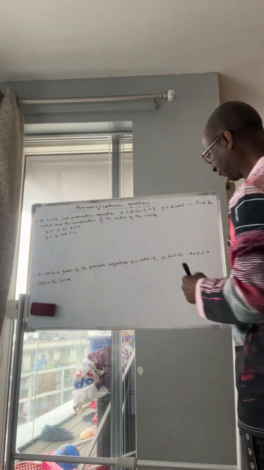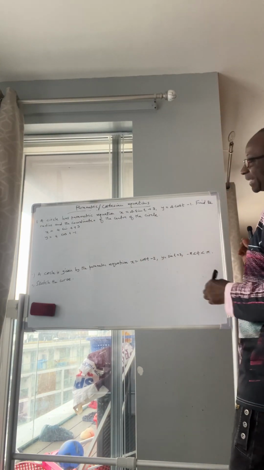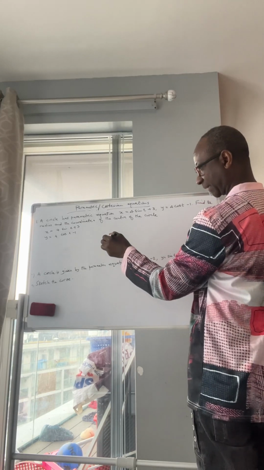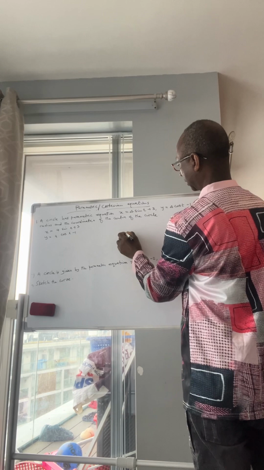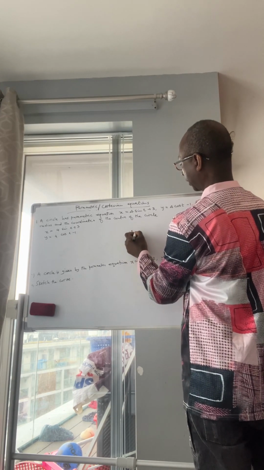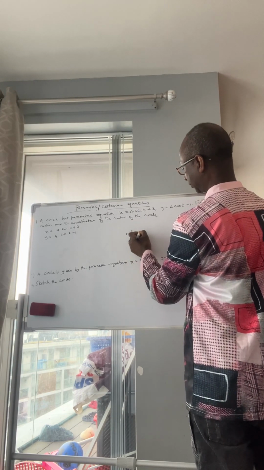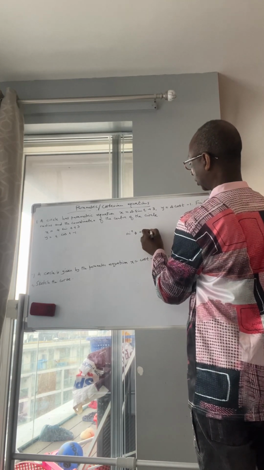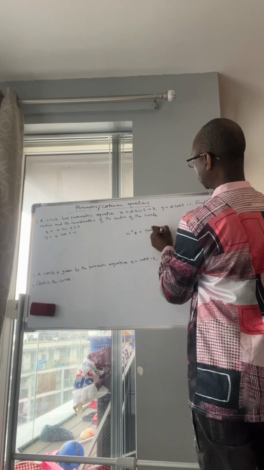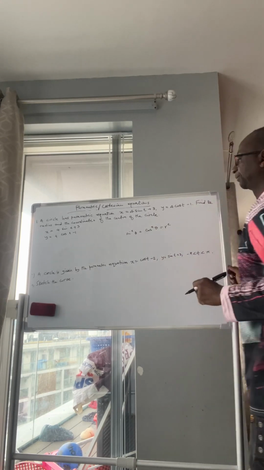We all know the formula for a circle is sine squared theta plus cos squared theta equals r squared.